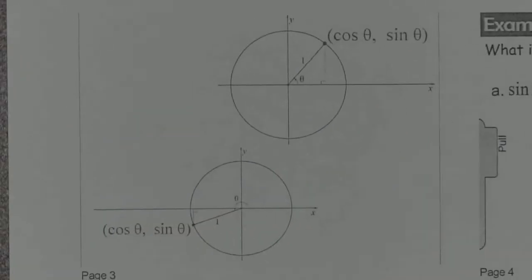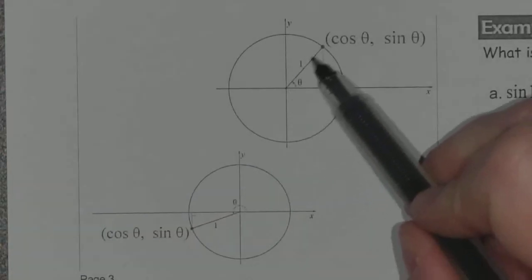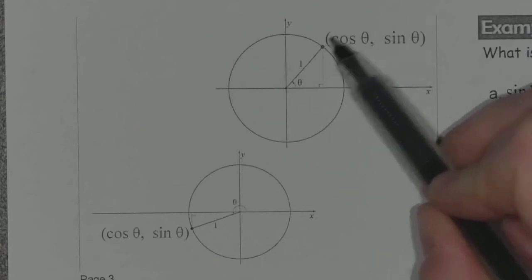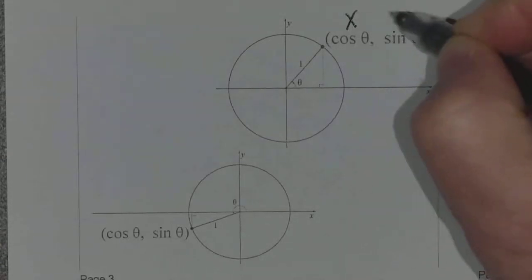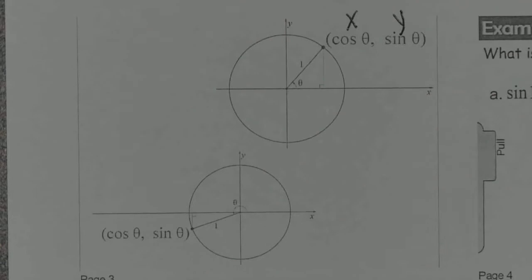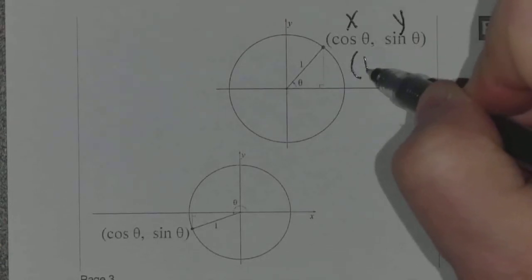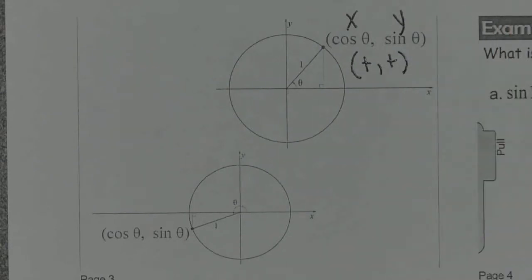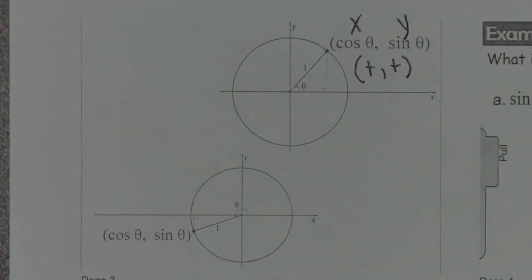All right, so again, it's just a reminder that no matter where you draw your angle, your cosine is your x value, and your sine is your y value. Just a reminder again that in this quadrant, both of them would be positive. We've already talked about that.